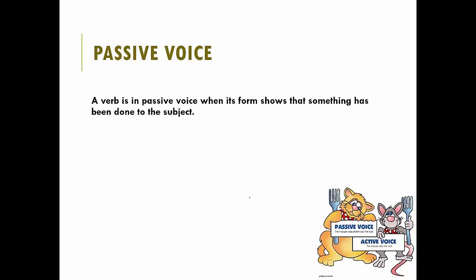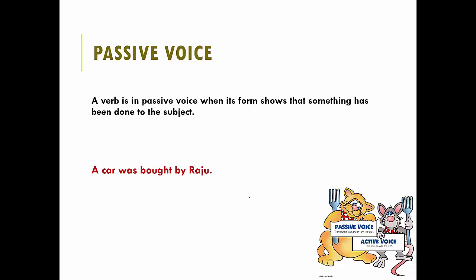Now, passive voice. When do we say a verb is in passive voice? When the subject of the sentence does not do anything, but something is being done to that subject. That is when we say that the verb is in passive voice and the subject of the sentence becomes the receiver of action. Let's look at examples.